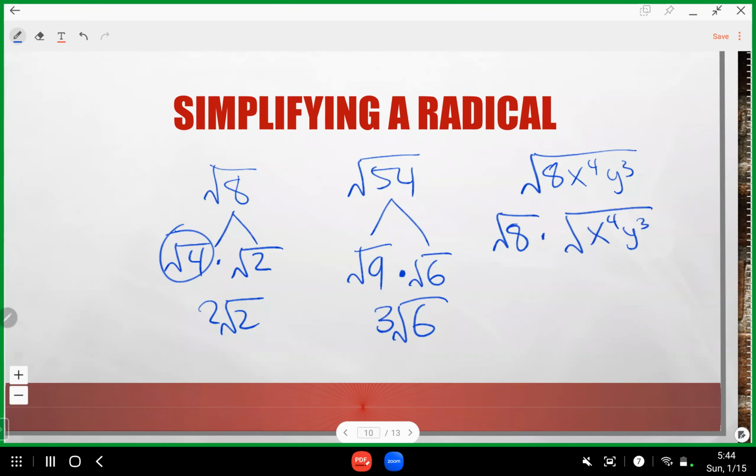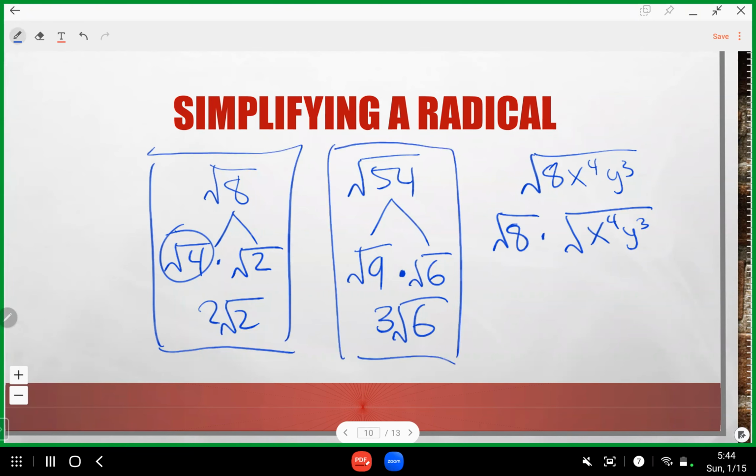Now, usually what I encourage you to do is to draw a little tree diagram. I don't know what it's called, but when you do the prime factorization, that's what it looks like. So usually I encourage you to do that, and it's very effective when learning it. But once you get used to it, you don't really need it anymore. But first, let's just do that.